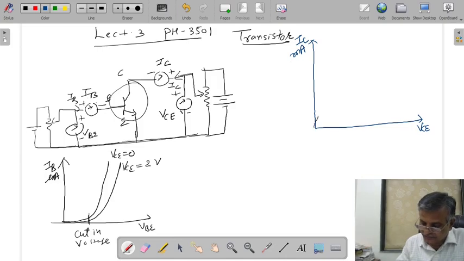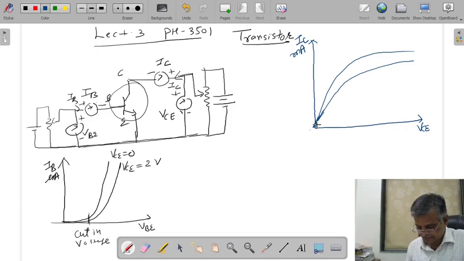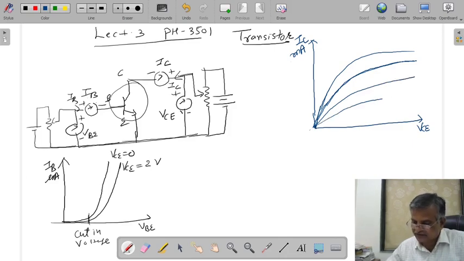So this is your different graph. For a different value of the base current, this is a graph. This is just for your understanding that I am writing.